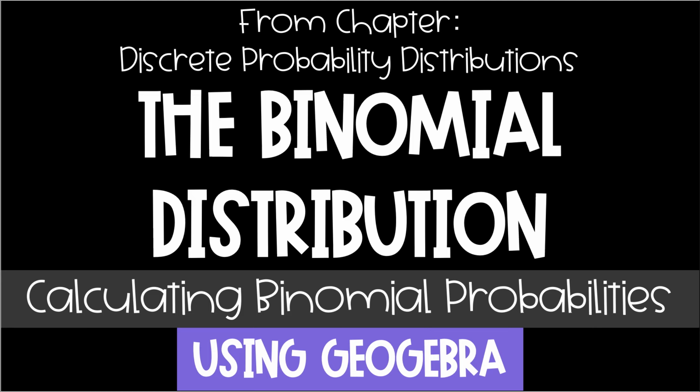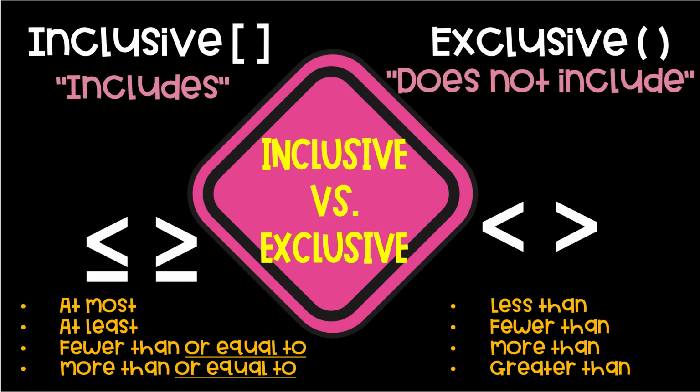If you need help understanding whether to include or not include a value depending on what probability you're being asked to compute, please refer to the second video of this section, the binomial distribution. It's where I introduce how to calculate binomial probabilities. It includes information like which keywords you're going to be looking for to decide whether you include a value or not.